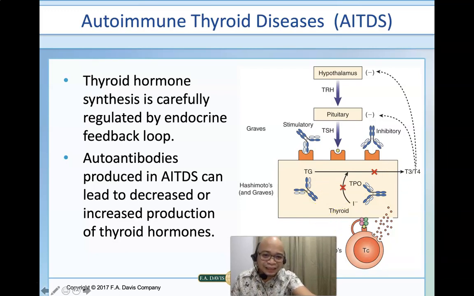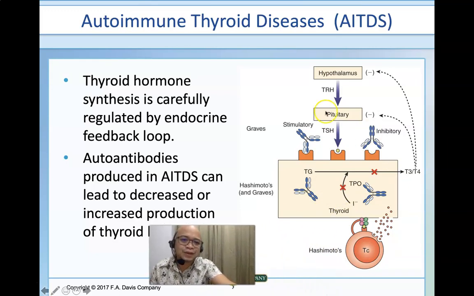Okay, however, there are some autoantibodies that could stimulate the TSH receptor to produce more thyroid hormones in cases of Graves' disease. Okay, there are even some autoantibodies that will inhibit the production of thyroid hormones.